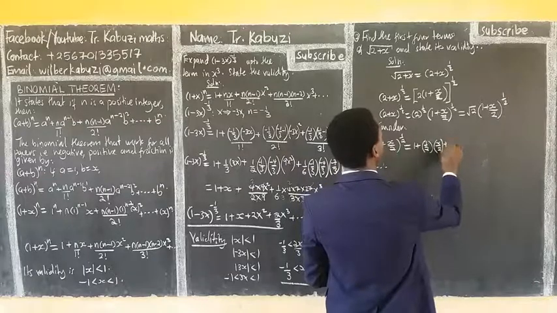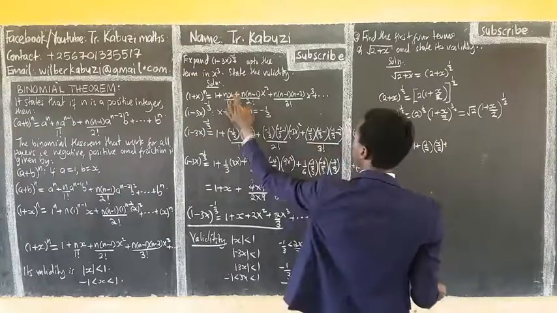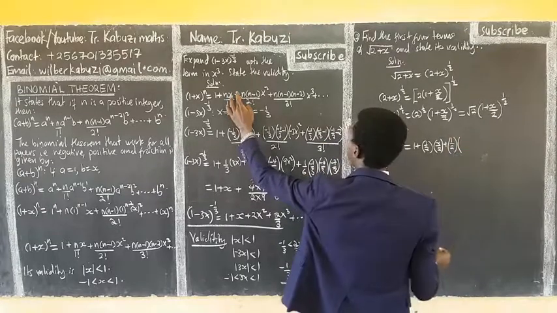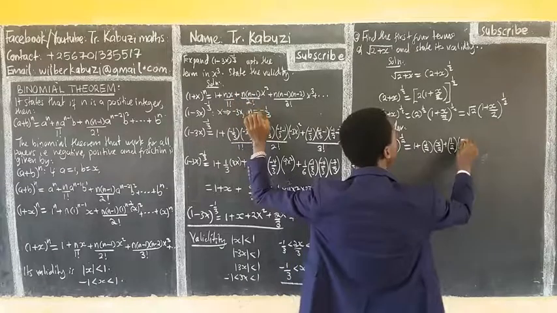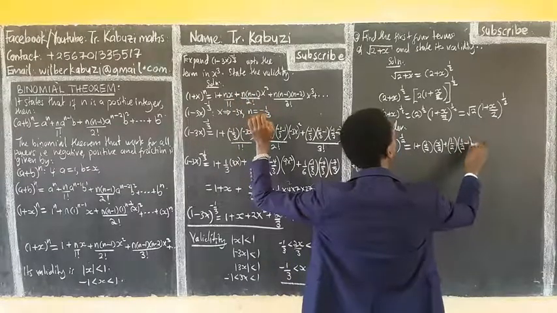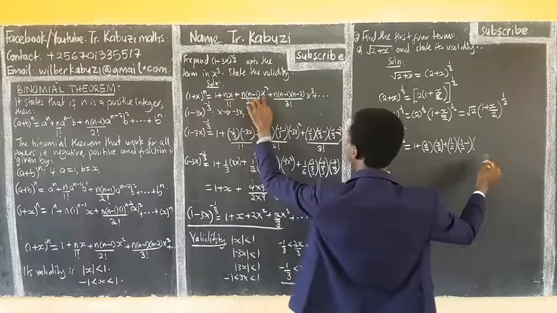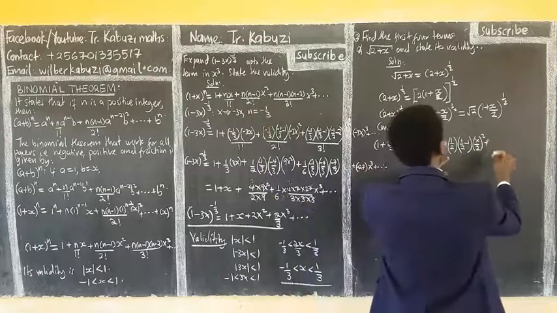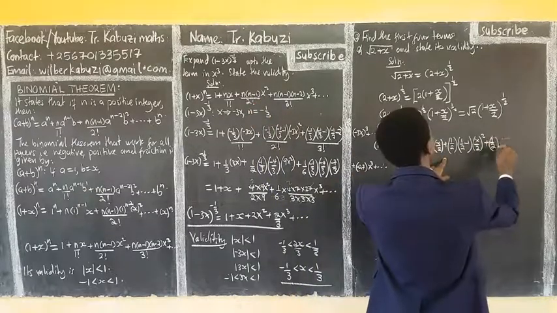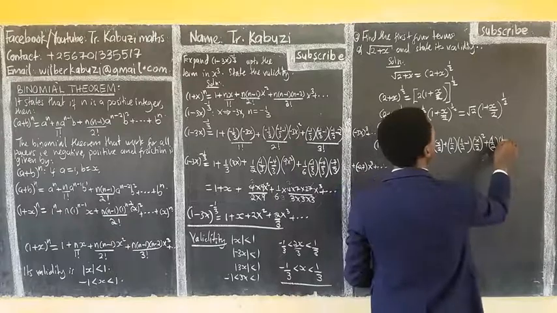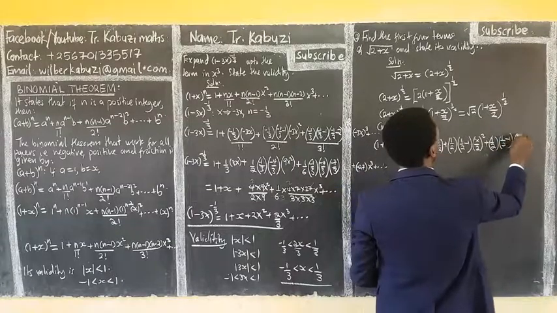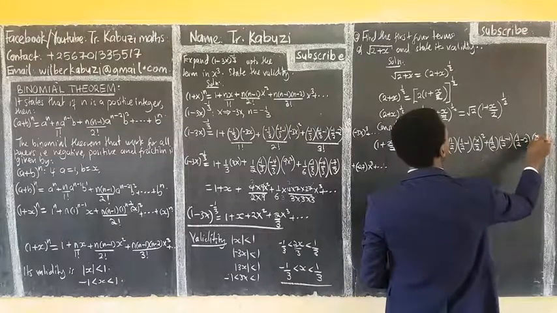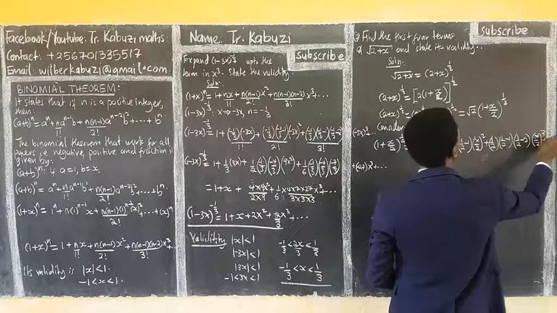Then plus my n, which I'm putting in this formula, which is half, then a half minus 1, into now x squared, x over 2 the whole squared, then plus a half into a half minus 1, then a half minus 2, and then x over 2 the whole cube, plus other terms coming.